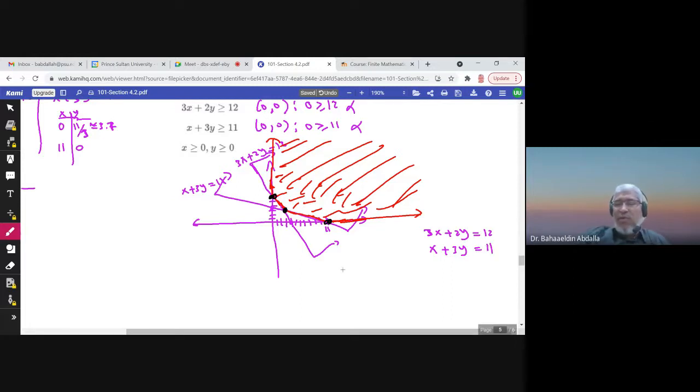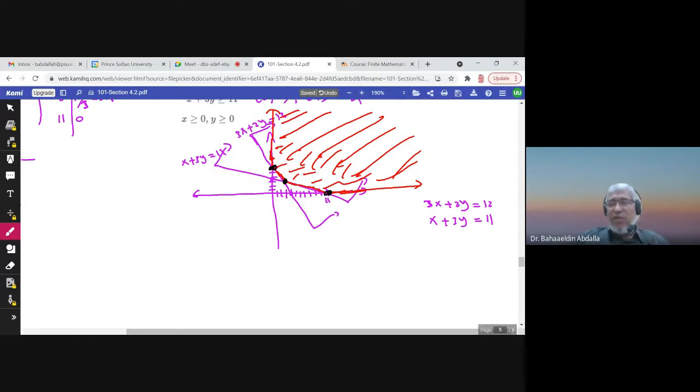Well, I will multiply the second equation by negative 3. So I will have 3x plus 2y equals 12. Multiply the second by negative 3. So negative 3x, negative 9y, negative 33.